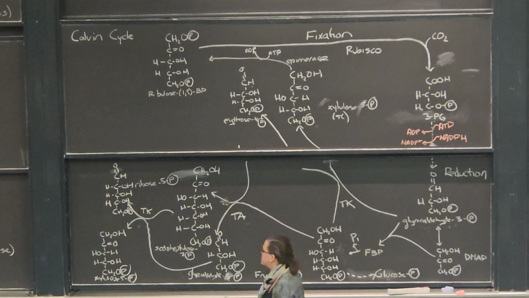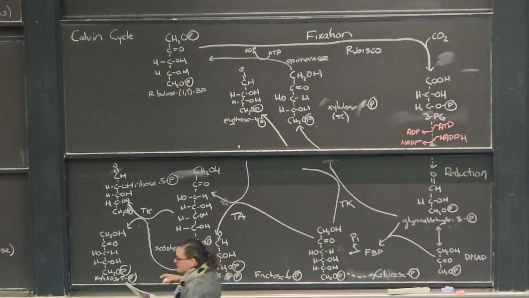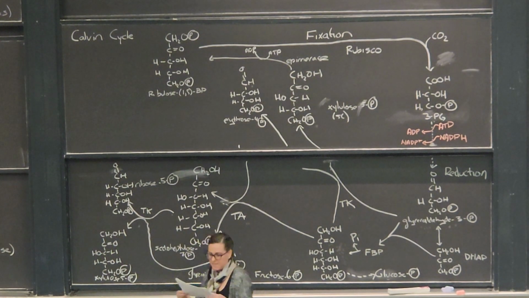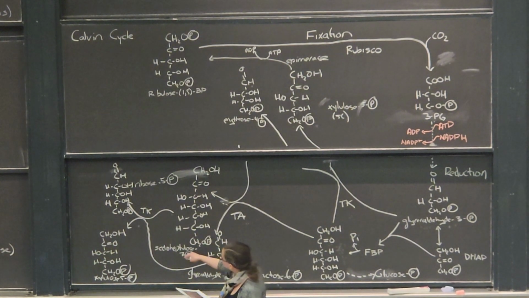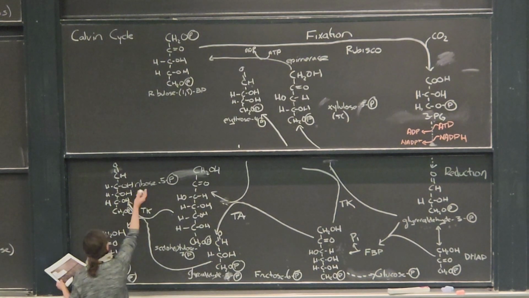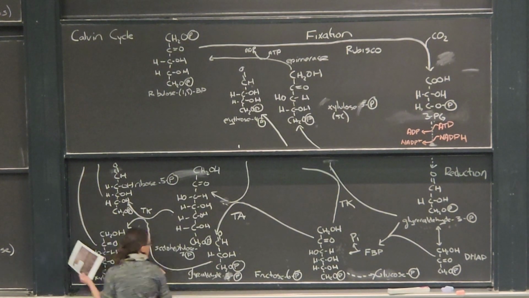So all we have to do in order to regenerate our ribulose 1,5-bisphosphate is pass these 2 molecules through epimerase reactions or isomerase reactions, which will move you between an aldose and ketose, and this will enable you to regenerate all of the ribulose 1,5-bisphosphate that you need. So these are both going to come here.